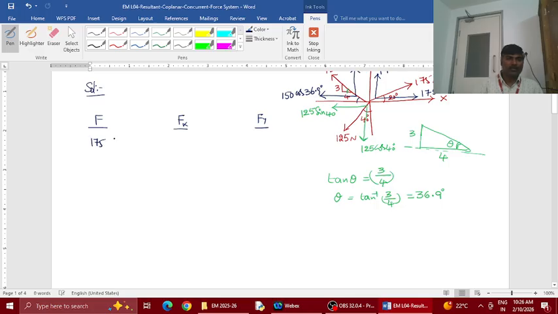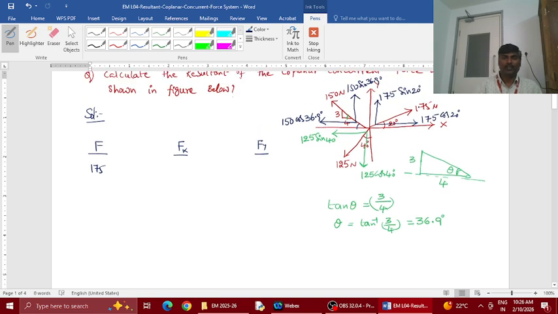Tabulating the forces and their components. Let us write 175, the first force. Its x component is 175 cos 20, which works out to be 164.5 Newton.